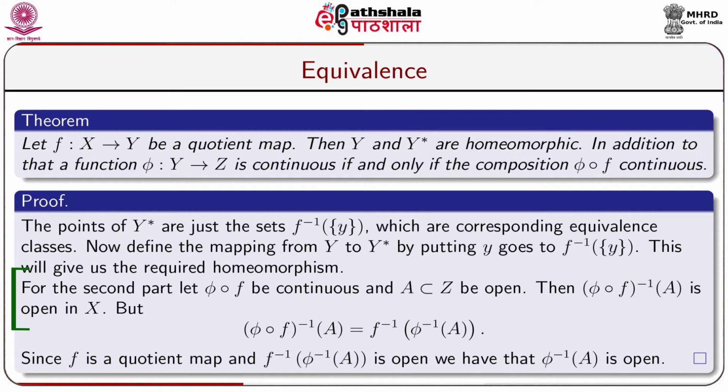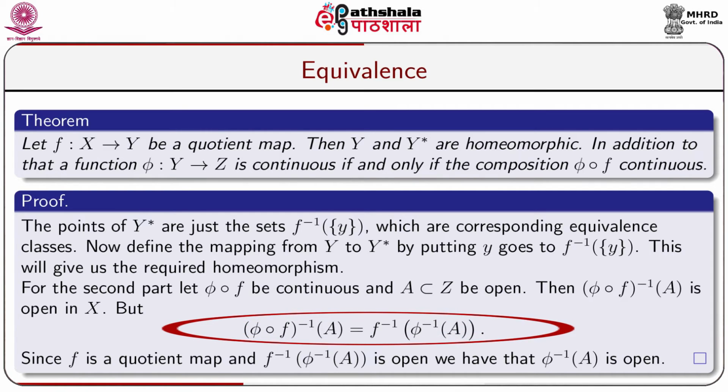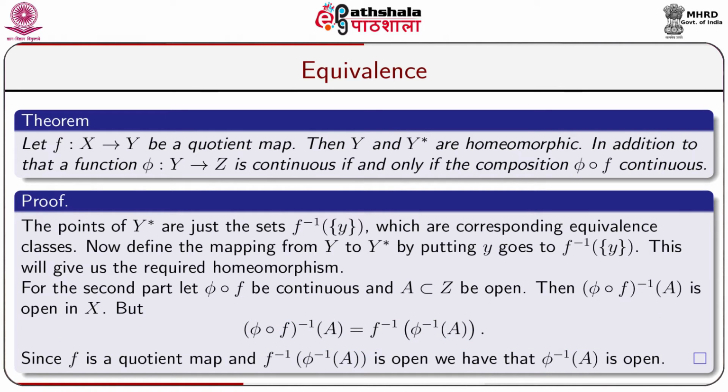That means we have to show that phi inverse of A is open, but we are given that phi compose f inverse of A is open in X. Now consider the following equality: phi compose f inverse of A is equal to f inverse of phi inverse of A. Since f is a quotient map and f inverse of phi inverse of A is open, we have that phi inverse of A is open. This proves that phi is a continuous mapping.